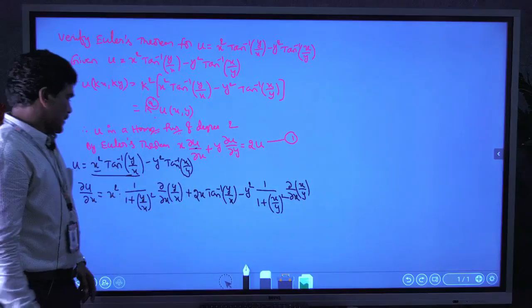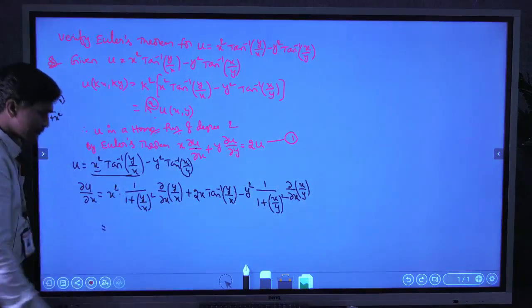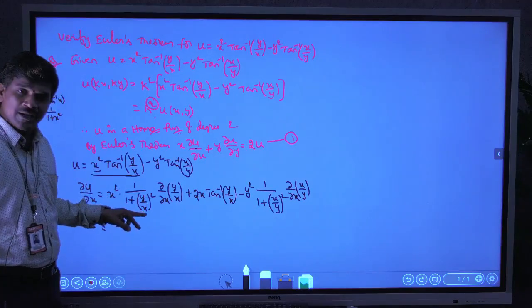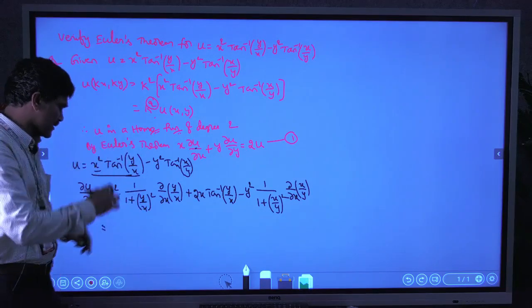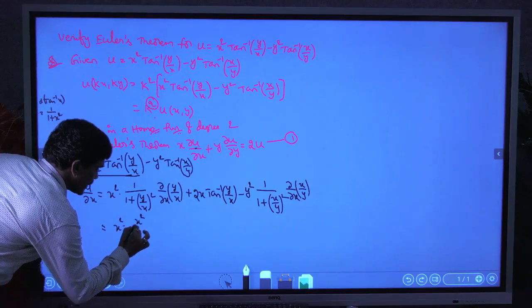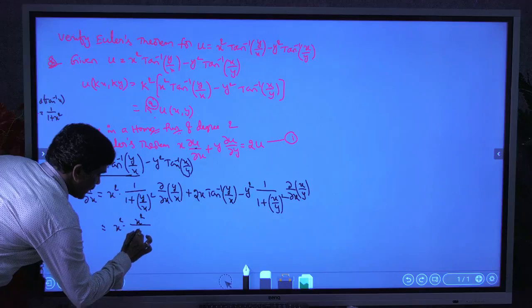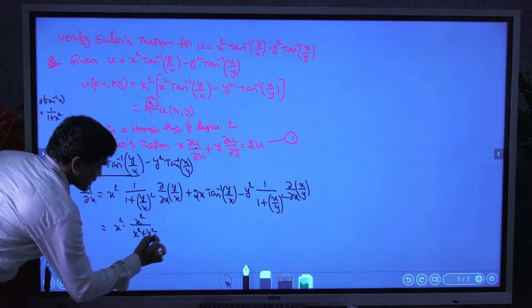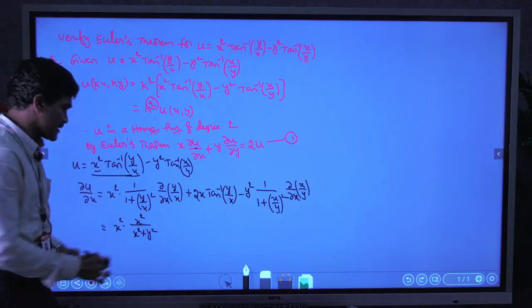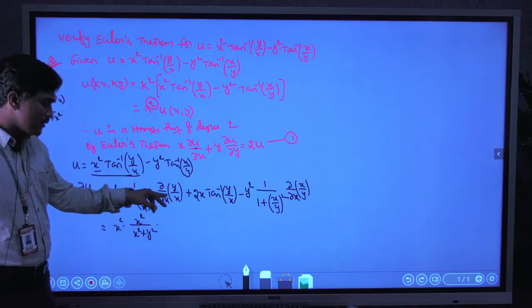Now take LCM, x square plus y square by x square, and taking it into the numerator, we get x square by x square plus y square.